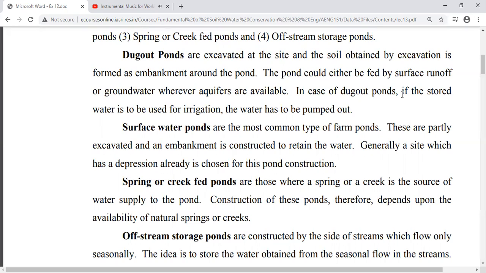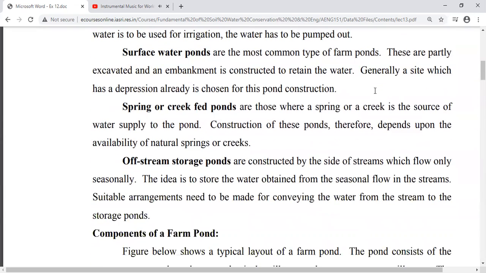Next one is spring or creek fed ponds. These are those where a spring or a creek is the source of water supply to the pond. Construction of these ponds therefore depends upon the availability of natural springs or creeks. The next is upstream storage ponds.